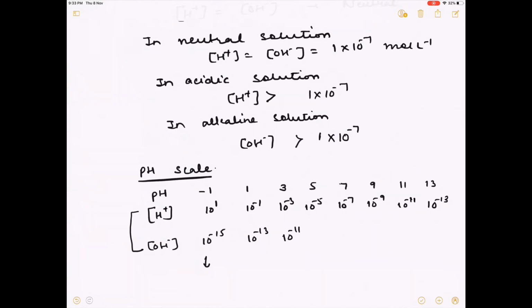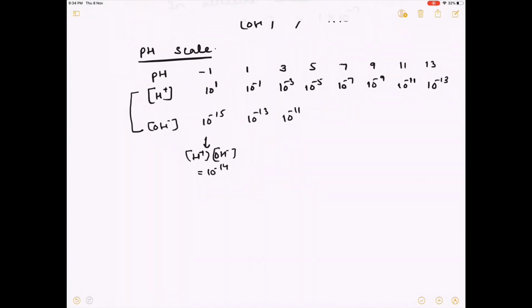Right? See here in this H ion and OH ion, if you multiply these, this comes out to be 10 to the power minus 14, because total Kw, you know, it's 10 to the power minus 14, right?